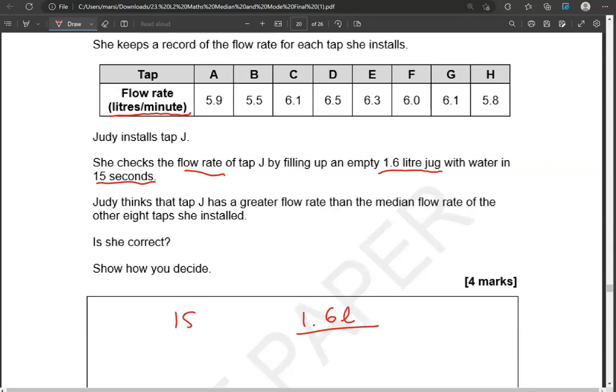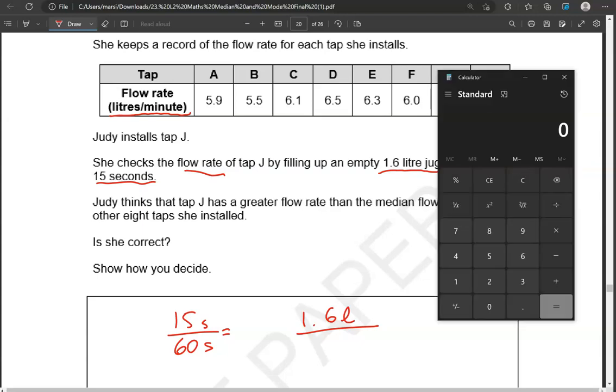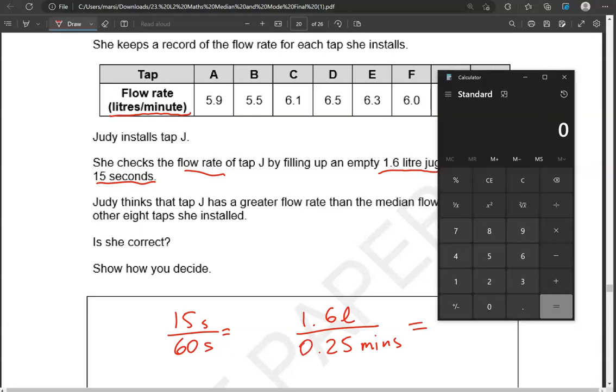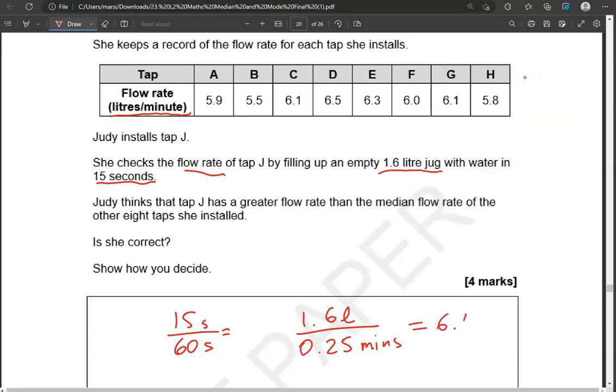It's 15 seconds out of 60 seconds, which you can do with a calculator: 15 divided by 60 gives us 0.25 minutes. So 1.6 divided by 0.25 gives us 6.4. So that is the flow rate for tap J.